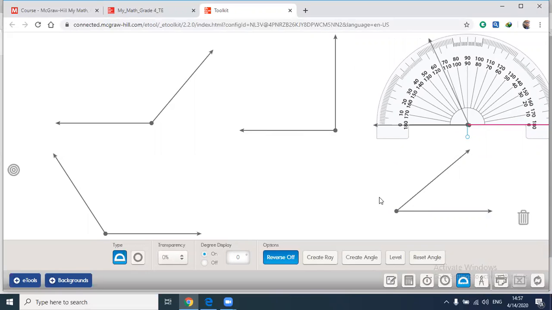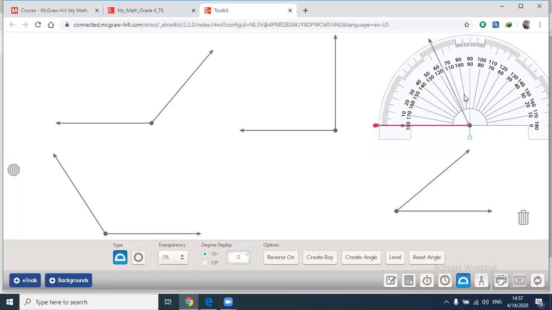Then count from 0 on the left, the other direction, to reach the other side. Let me fix it well. Now I can count 0, 10, 20, 30, 40, 50, 60, between 60 and 70.